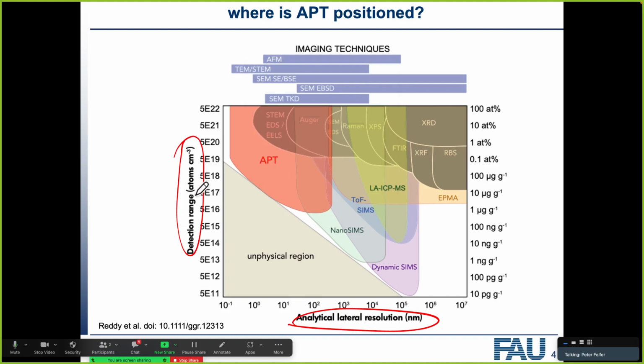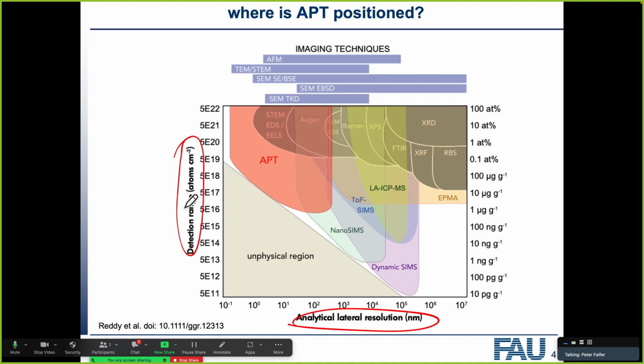Since we're counting atoms, we're inherently quantitative. The detector, we'll get to detector technology next time. The detection has a very, very low background, and as a result, we have very high sensitivity.